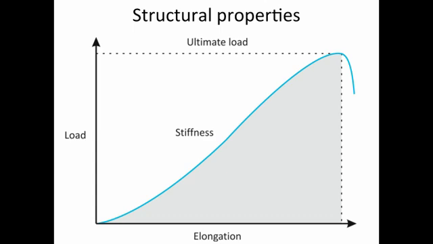But stiffness is, all it is, the rate of elongation, so deformation in the tendon at a certain load. So it's this gradient, it's the rate of change in length for a given force, and it basically tells you about its resistance to stretch. The easiest way to define it is resistance to stretch.